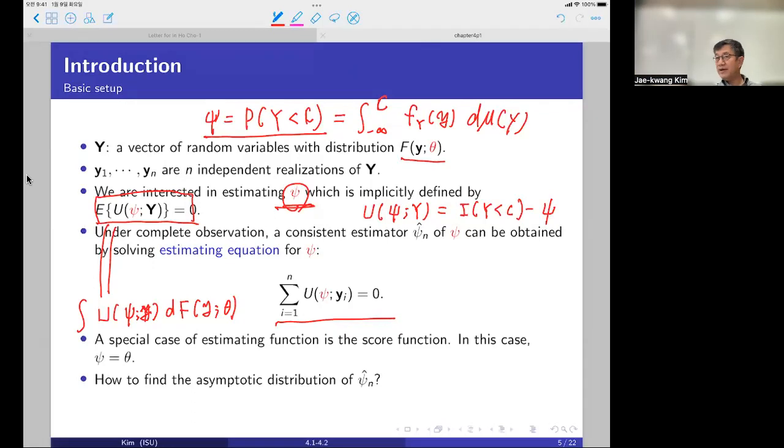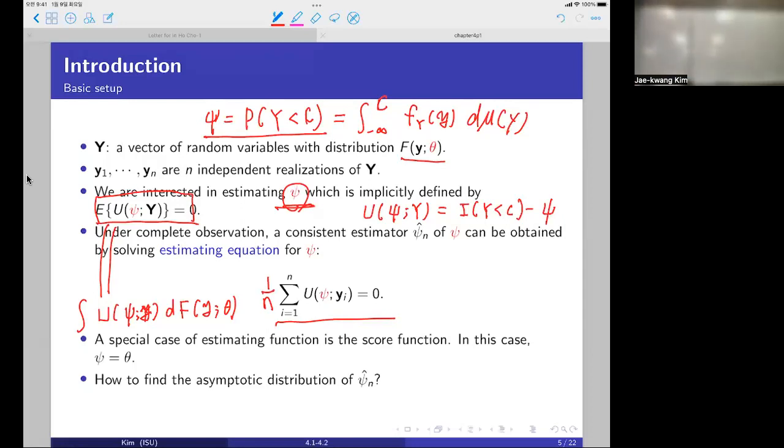Well, the nice thing about this estimating function approach is that the consistent estimator is very easy to compute. So this is an integration, right? This is actually the population expectation of the estimating function, and you replace it by the sample version. So if you write it this way, then this one is one.